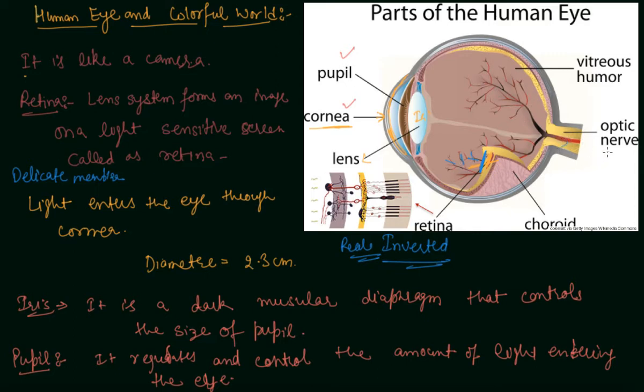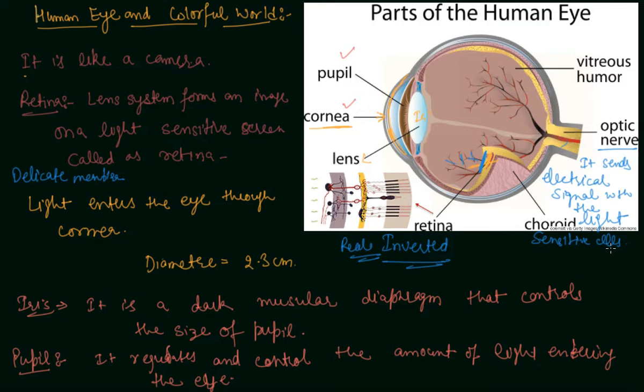So the light sensitive cells capture the electric signals, and these electric signals are transferred to our brain through the optic nerve. The brain interprets these signals and finally processes the information so that we perceive objects as they are.